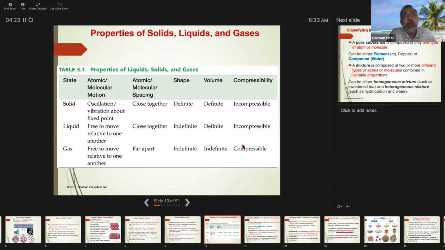And you might wonder, we talked about vibrations in the molecules, so what keeps the atoms and molecules together? So there is molecular attraction, and as we move on to the other chapters, we'll see how these molecular attractions develop.